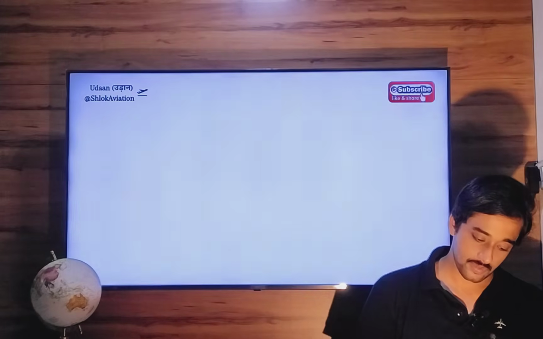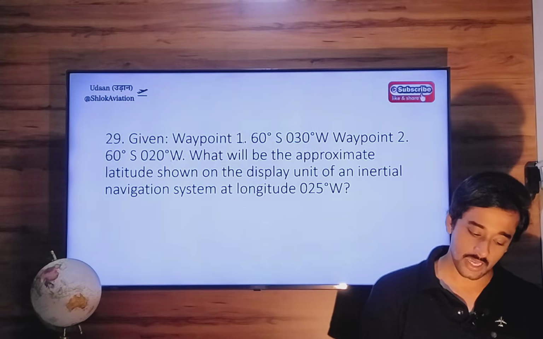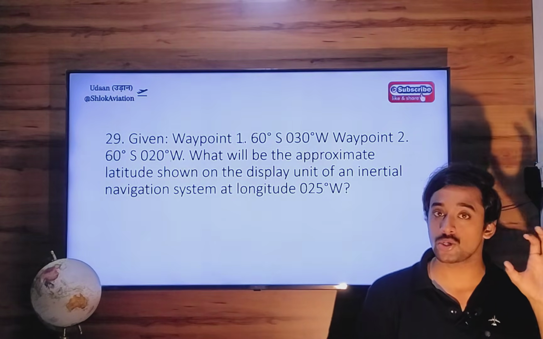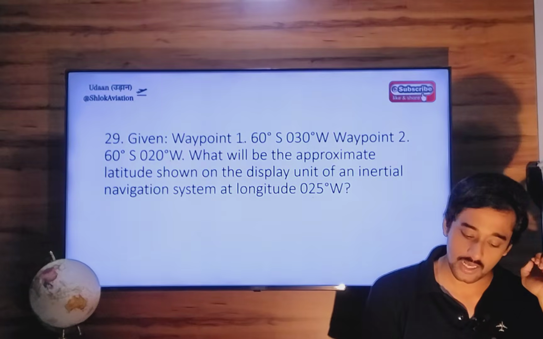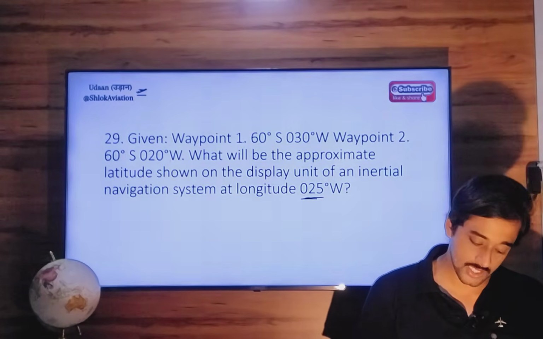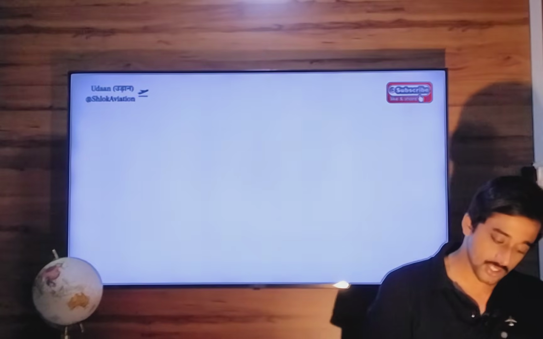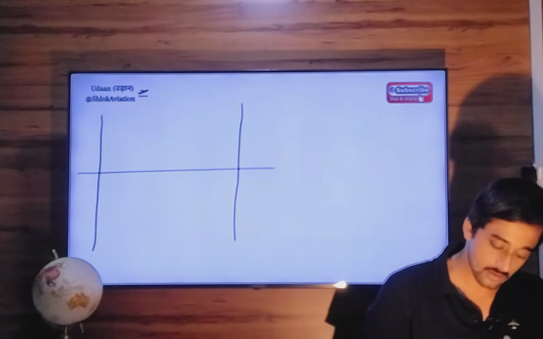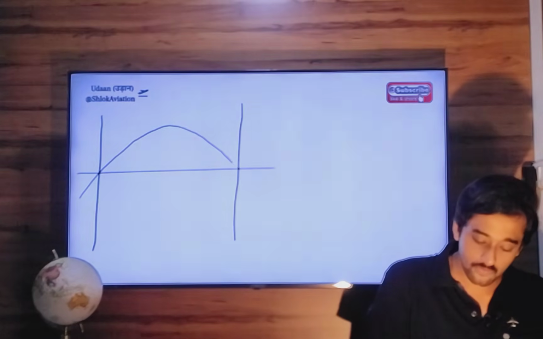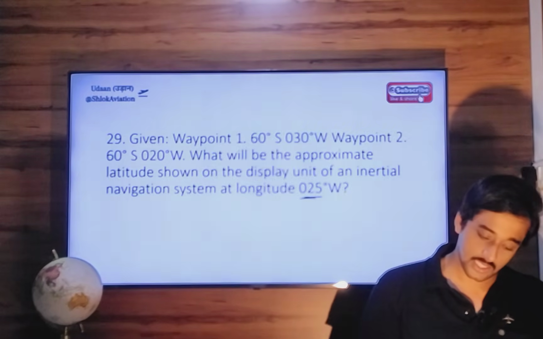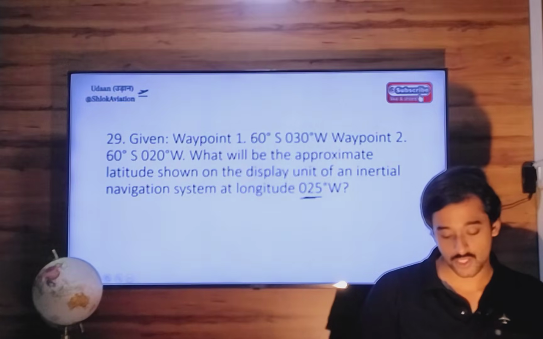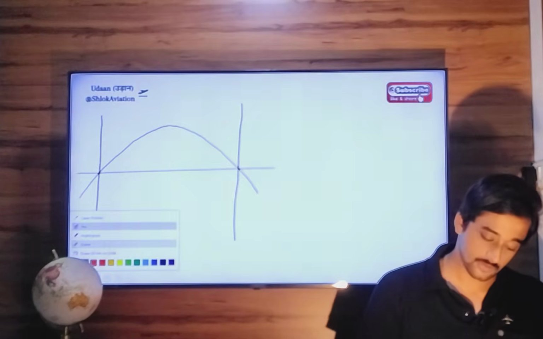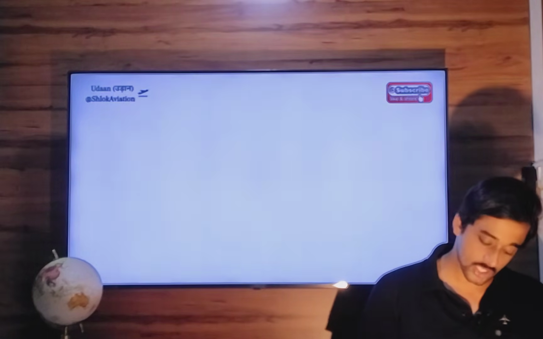Next. Waypoint 1 and 2 are given. What will be the approximate latitude shown on the display when you pass 25° west? We have done this question many times, so just start doing it. 60 south. Now we are in the south hemisphere. My bad, I didn't read the question carefully.